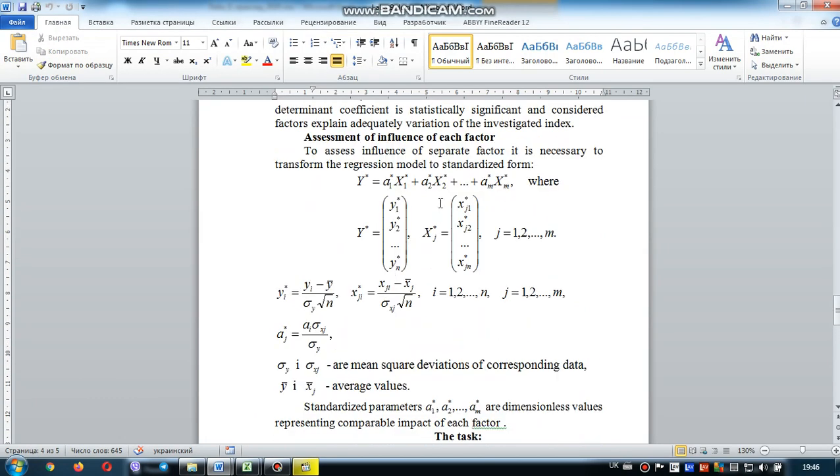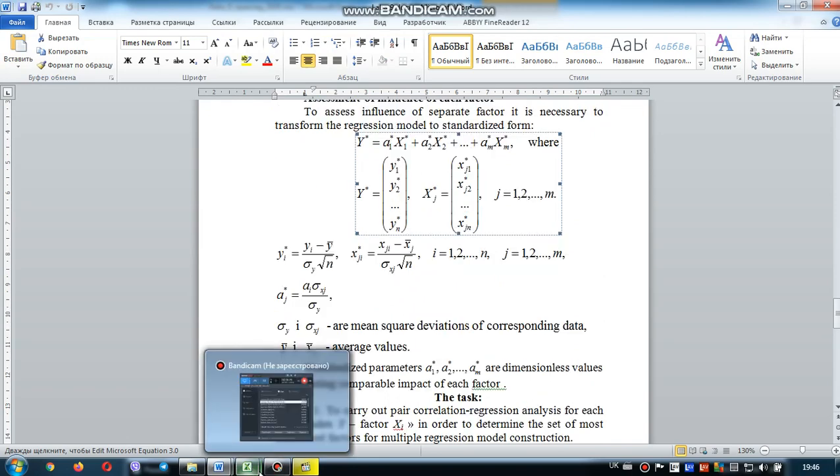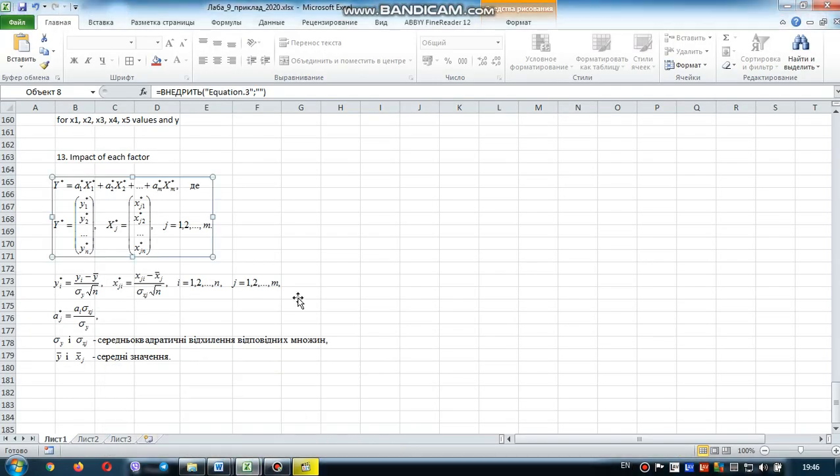You have to transform your model to standardized form. So let's do it. First of all, we have to calculate the y superstar values.